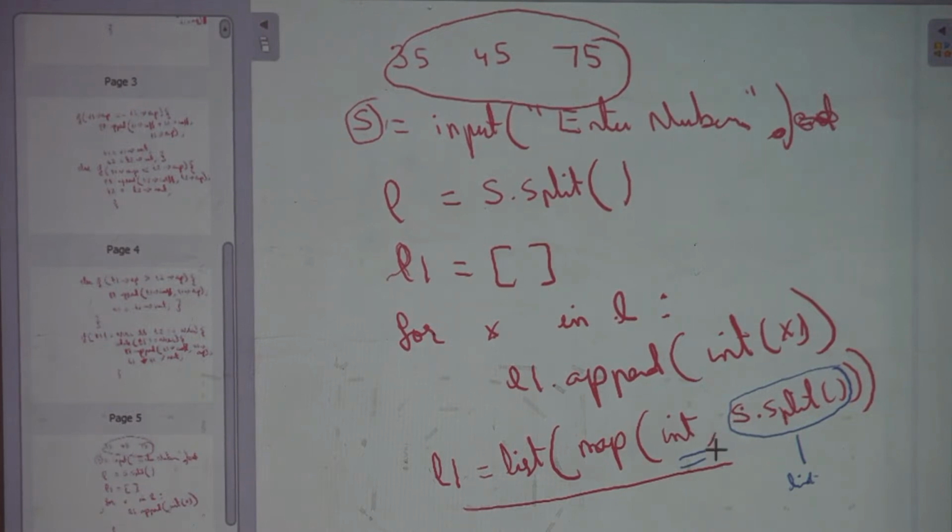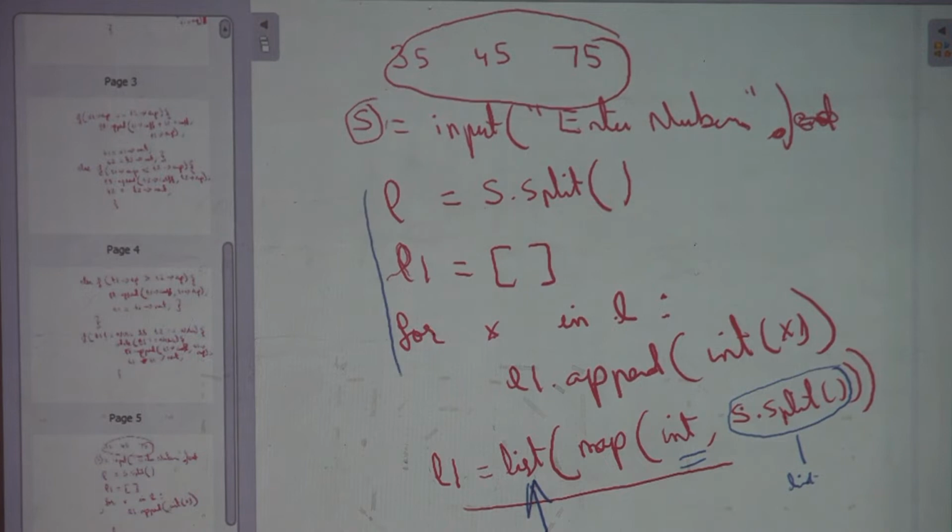Map will do this to every element in the list, and it will produce a series of integers, which this outer list converts into a proper list, because map produces not necessarily a list but some other collection. So now L1 is that list.